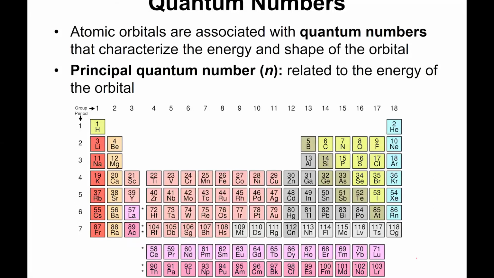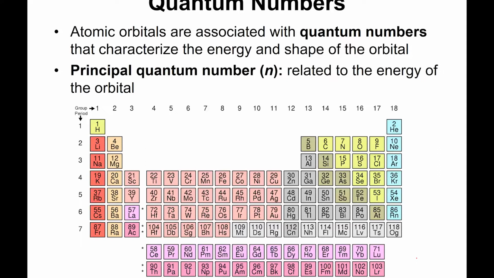So we can characterize these orbitals, and we give them associated numbers to characterize them. These are called quantum numbers, and they help us characterize the energy level and the shape of the orbital. The first of these is called the principal quantum number.